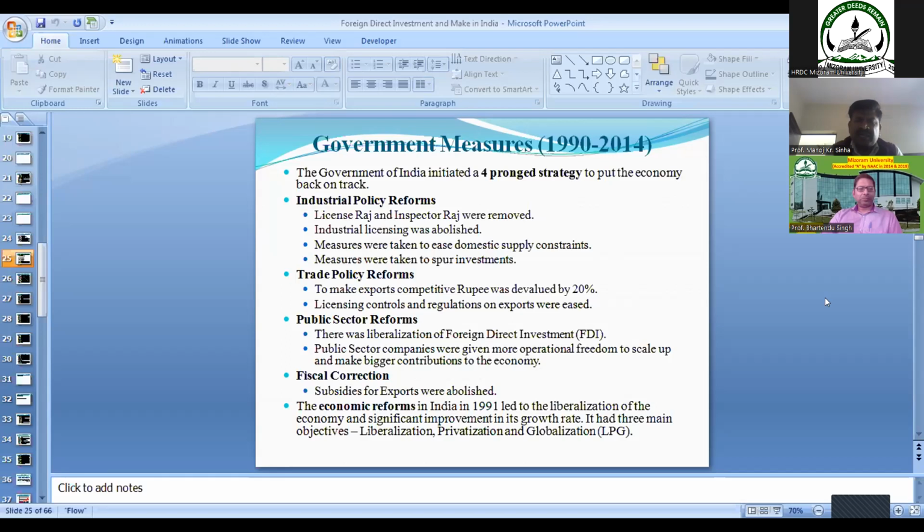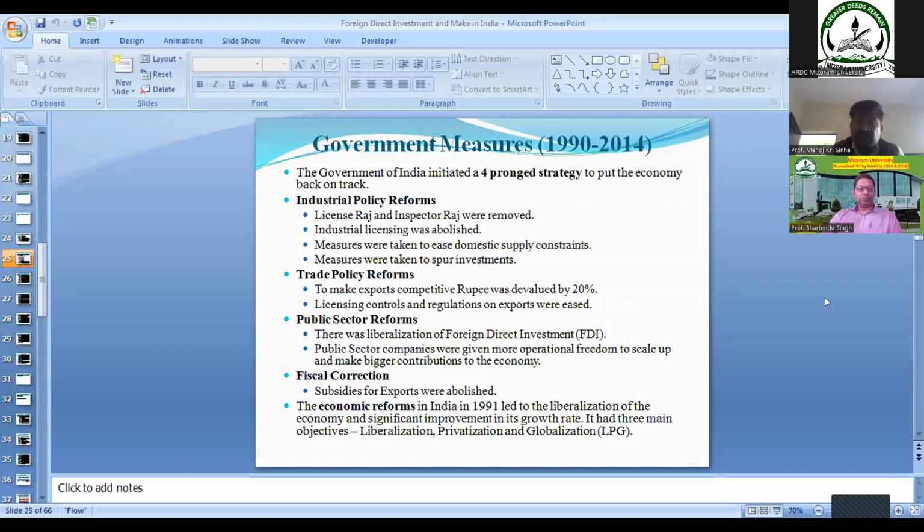For setting up any business, a license was required from the government. But with the 1991 reform in industrial policy, license Raj was removed. Industrial licensing was abolished. Measures were taken to increase investment, both public and private, including foreign investment.